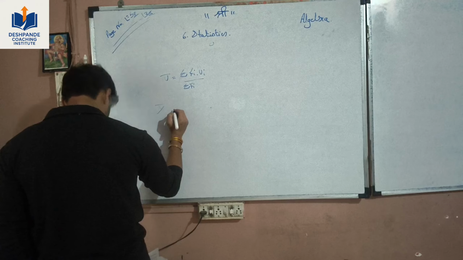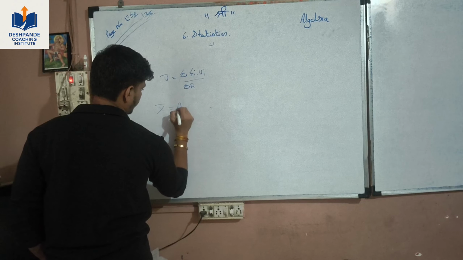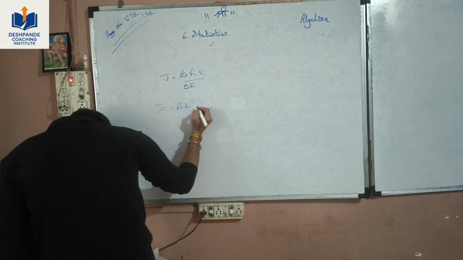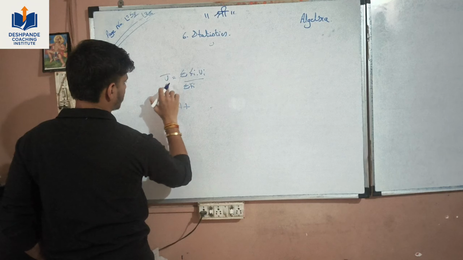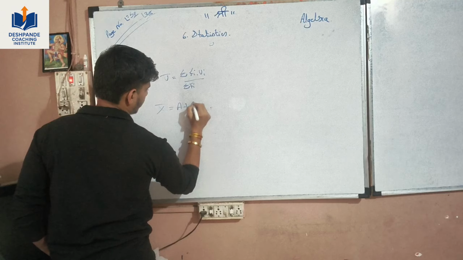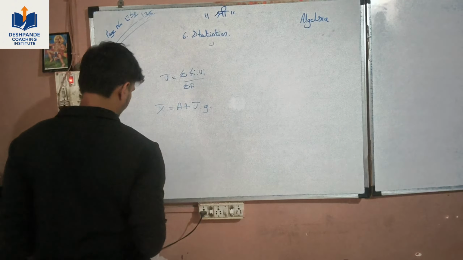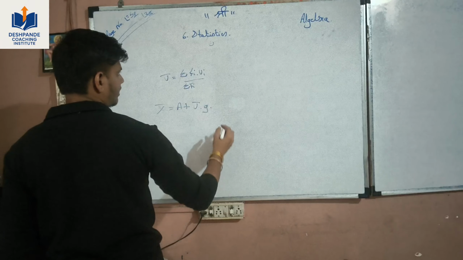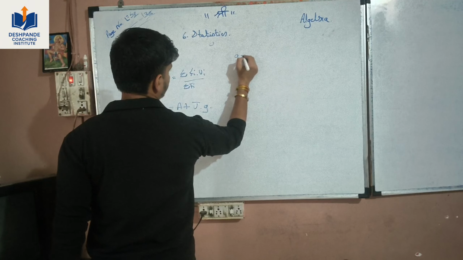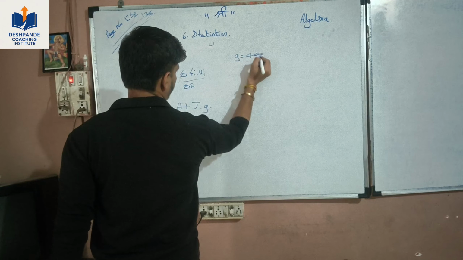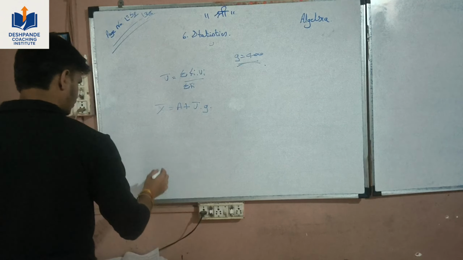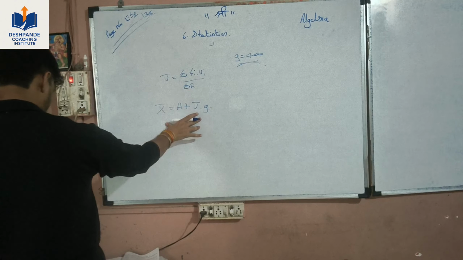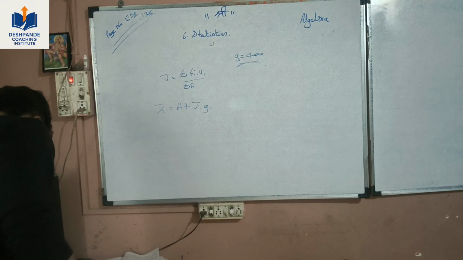The formula for x dash is equal to a plus u dash into g, where g is equal to 400. So you have to just substitute all the values in both formulas, and you will get the final answer.